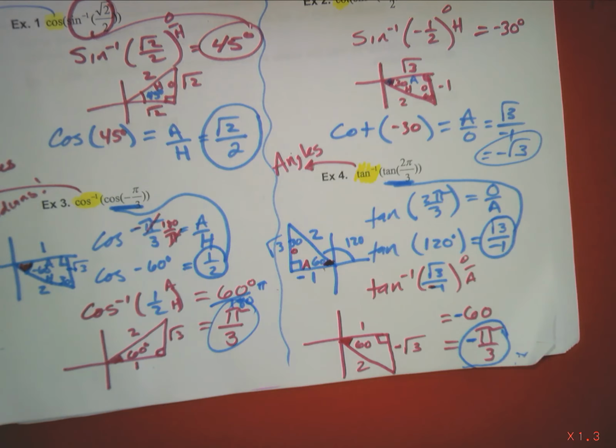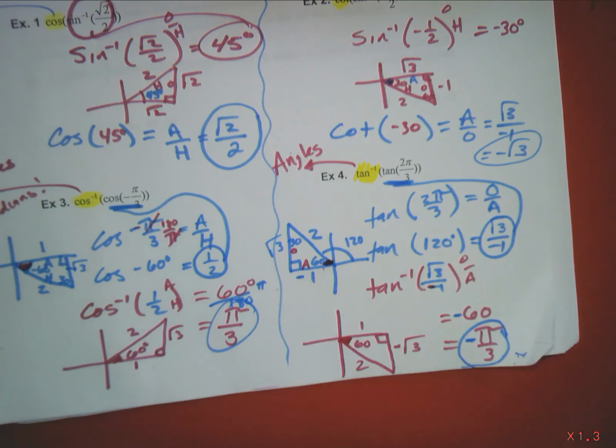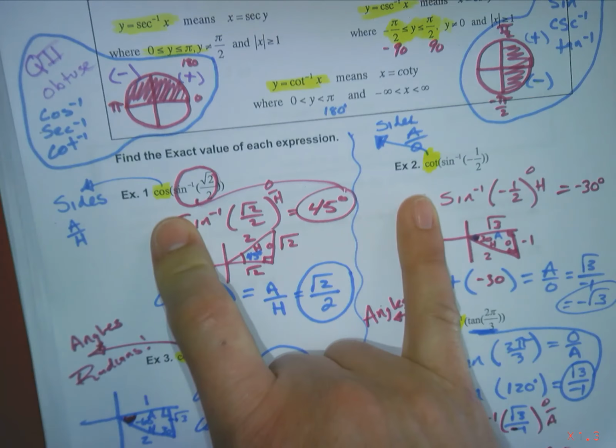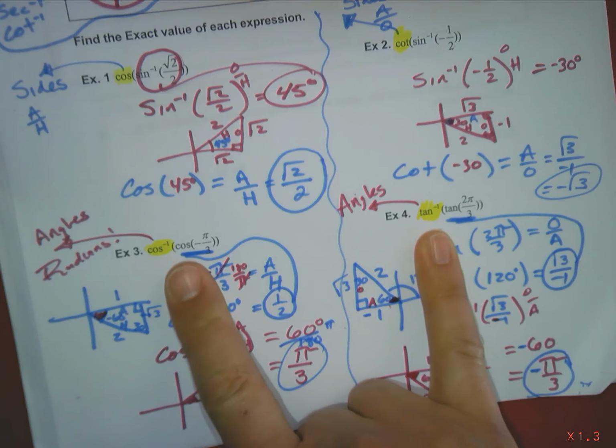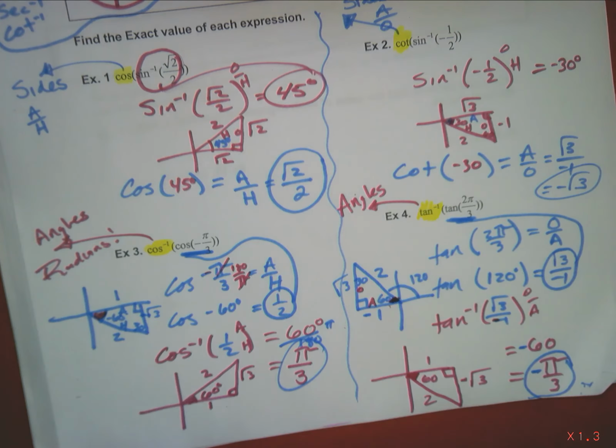So I had to do some work. Basically this is a two-step problem when you see these inverse trig functions on the outside. Okay, so big idea, regular trig functions, sides on the outside. Inverse trig functions, angles.